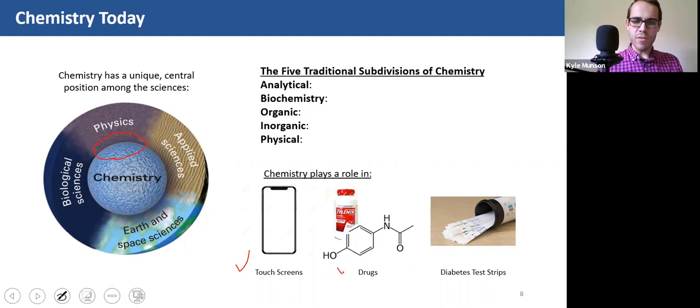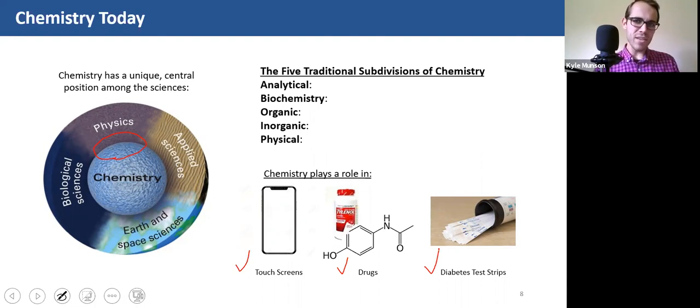Of course, chemists synthesize drugs like Tylenol and other things to help us. Diabetes test strips also have chemistry involved, because they have to give you a reading of the glucose in someone's blood. That would touch more on analytical chemistry, actually.